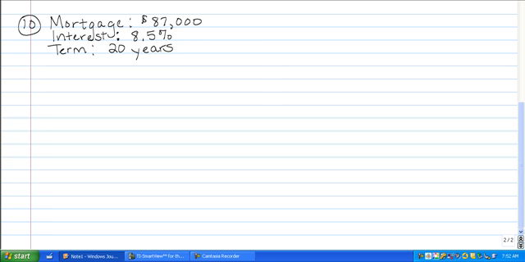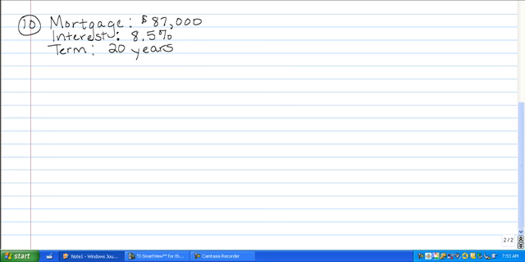So it looks like we need to go, let's see, we have 8.5%. Okay, and the term of the mortgage is 20 years, so we can use the table if we want.